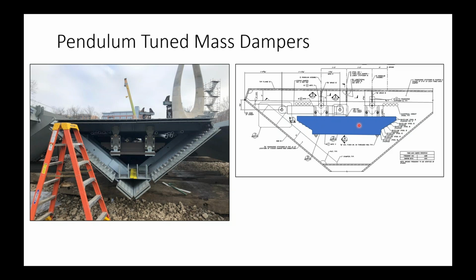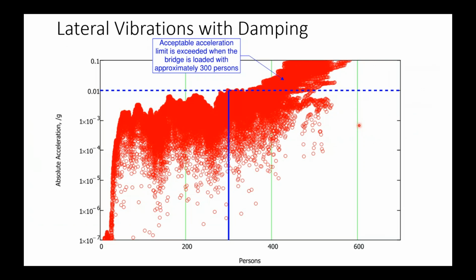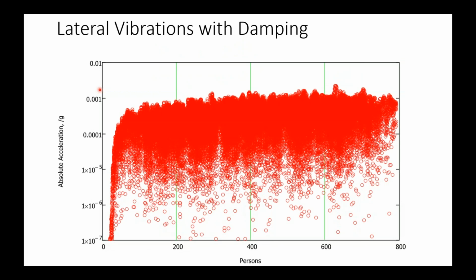So we applied that to the bridge, and recall this figure was what we had for the vibration of the bridge without the damping, and at about 300 people, we exceeded this 1%. Once we added the damping to the numerical analysis, we see that we were able to easily get to the 800 without coming close to our 1% threshold.